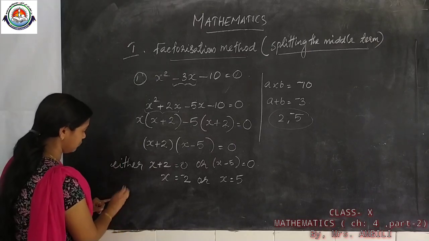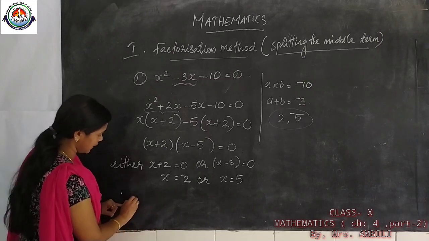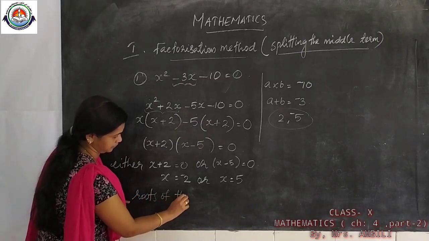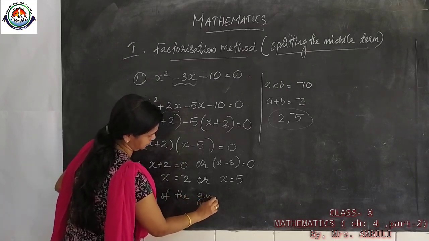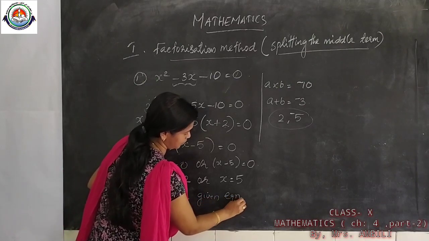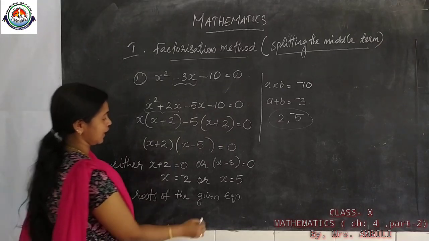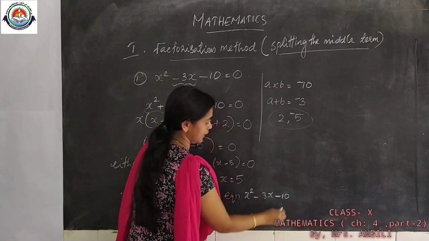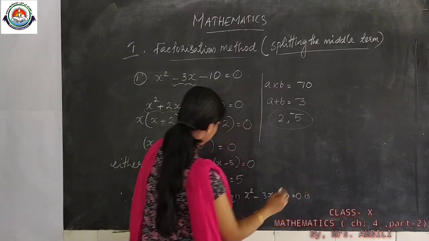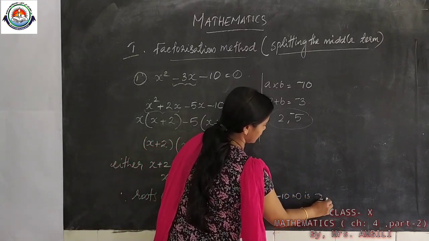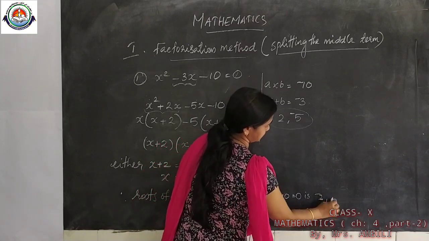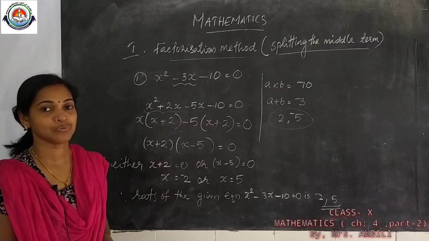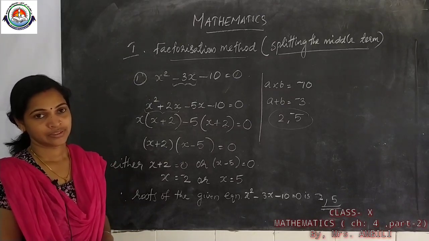So, we can write, therefore, the roots of the given equation x square minus 3x minus 10 equal to 0 are minus 2 and 5. So, what are the two roots? Minus 2 and 5 are the roots of the given equation.